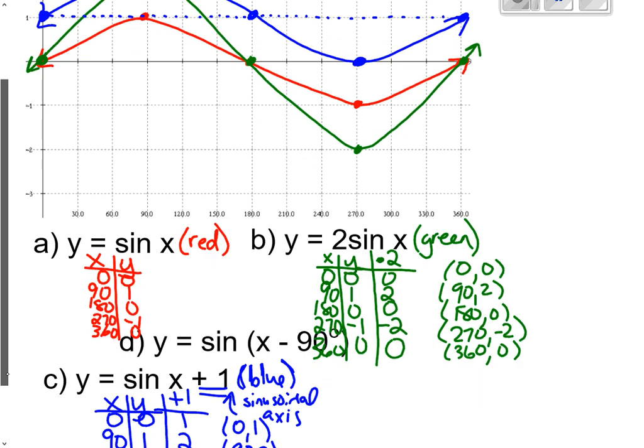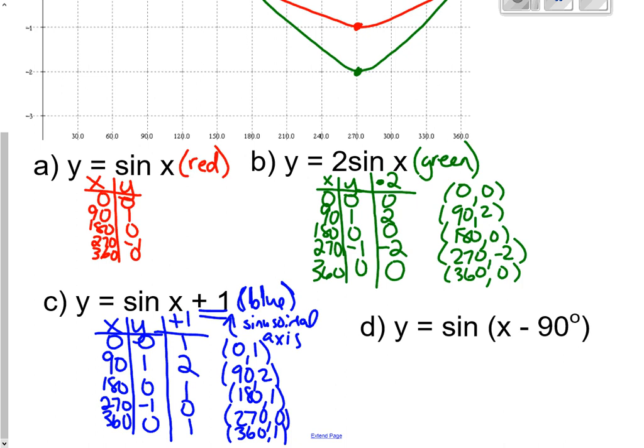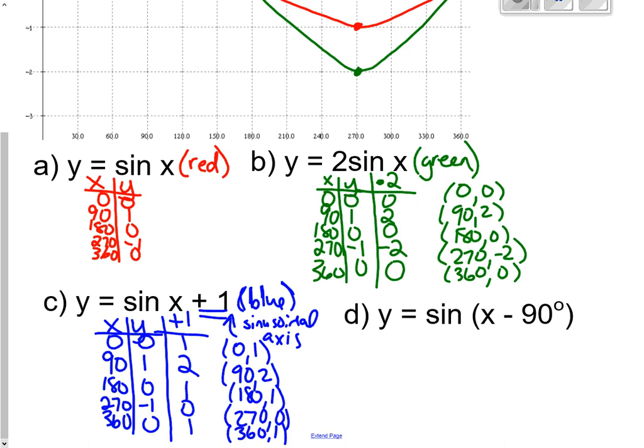So this is where I want to take a look at the phase shift. And let's do this one in purple. So again, I start with my base graph, 0, 0, 90, 1, 180, 0, 270, -1, 360, and 0.